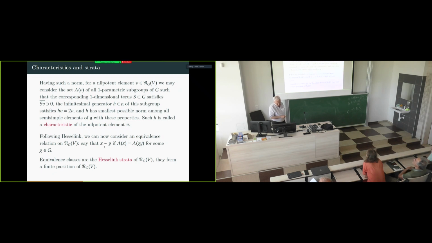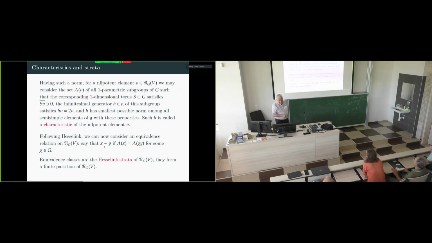All these one-parametric groups with the extremal property we denote by Λ(v), and Hesselink defined the following equivalence relation in the null cone. Two elements from the null cone are equivalent if Λ(x) equals Λ(gy) for some g.